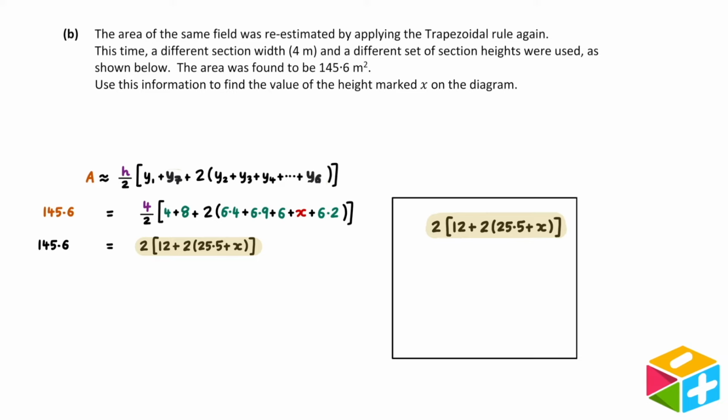From here, let's focus on the right-hand side of the equation and try to simplify things a bit more. Let's start by multiplying out the inner brackets. 2 times 25.5 is 51, and 2 times x is 2x.